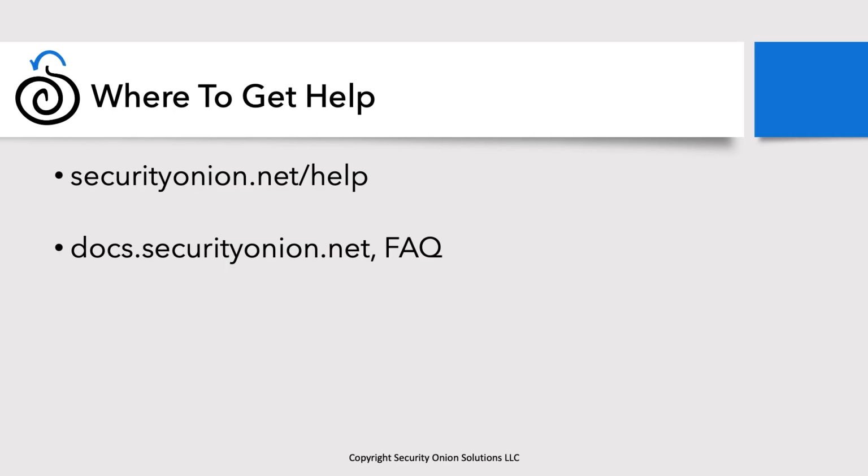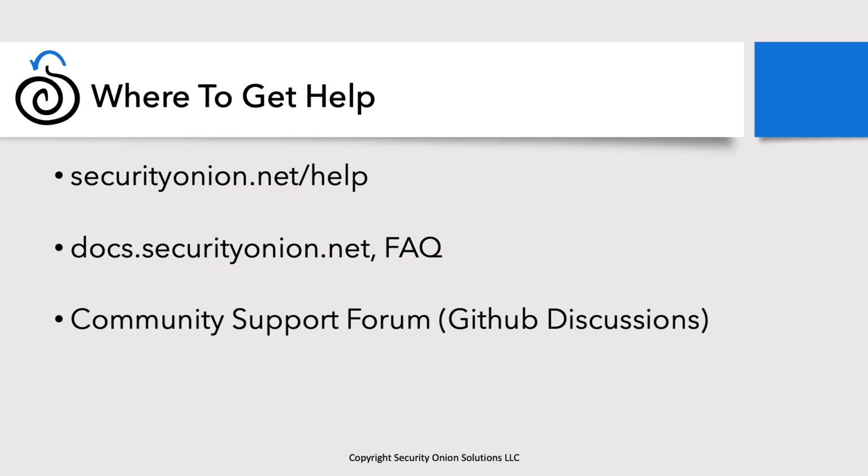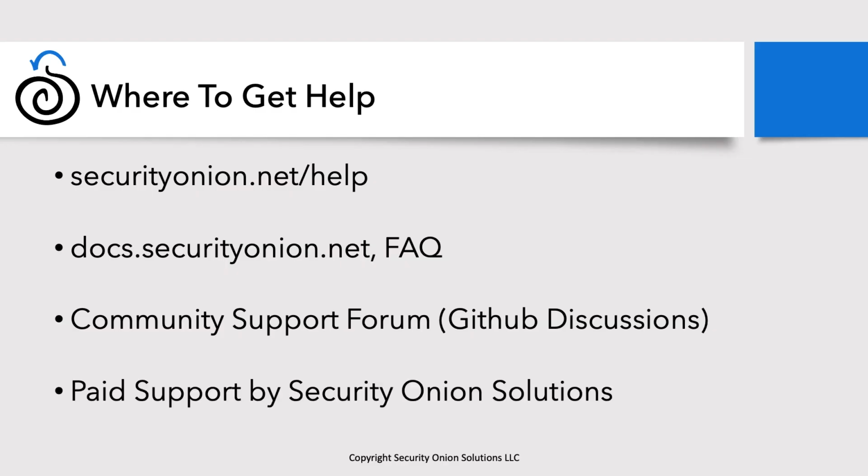If you still need help and you're not finding the answer that you need in our documentation, you can then use our community support forum, which is GitHub discussions, and that link will be on the page when you go to securityonion.net/help. Finally, if you want more paid support, Security Onion Solutions does offer paid support, and again, you can get that information on the page under securityonion.net/help.